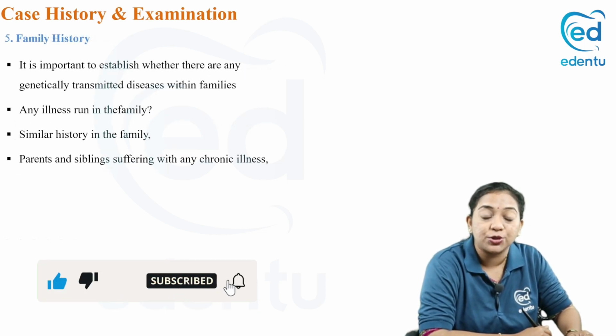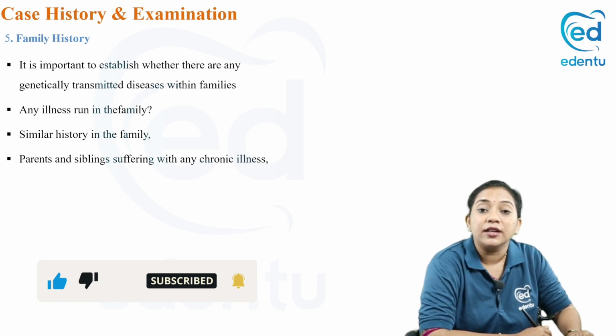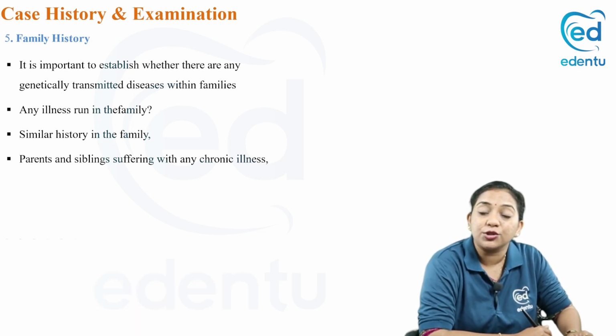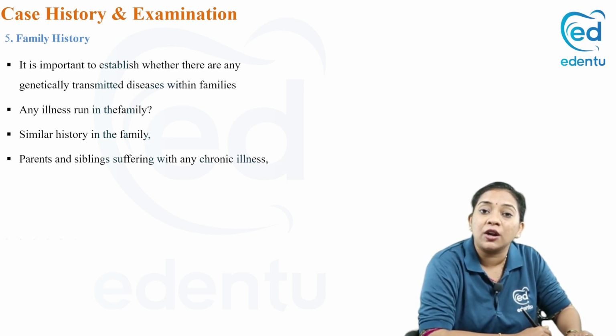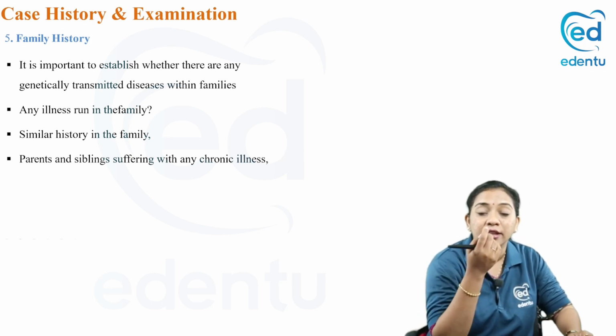About the family history. The importance of family history is that sometimes the patient can say that he is not having any problem at all, he is not having any symptoms, his complete health is okay, his checkups are all fine. He might say that. Some patients can even hide the relevant histories. That is also very common nowadays. So whenever you ask about family history, sometimes he can say, for example, my mother has been diabetic for the past 20 years or 5 years or anything like that.